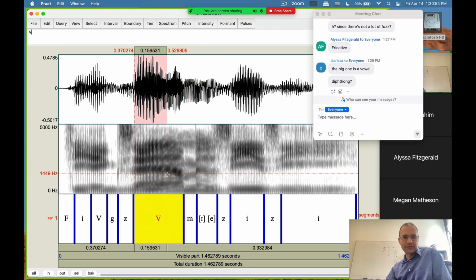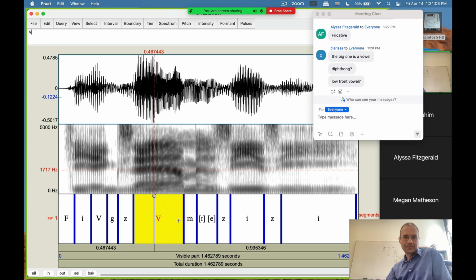So maybe we can focus on this bit and say this has a high F1 and a high F2. Where would that put us in the vowel space? Low front vowel. Sounds good. Can you give me an example of a low front vowel that would fit this pattern?